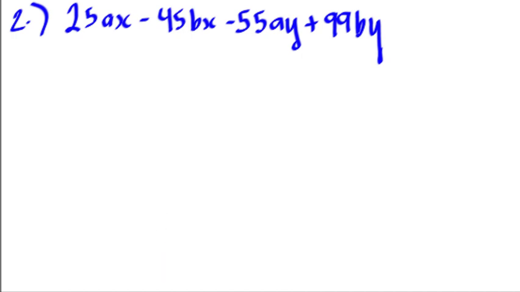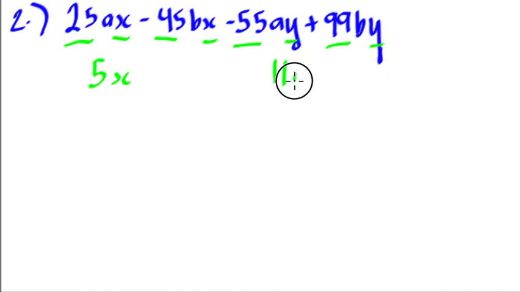It can be obvious in this part since 25 and 45 are both divisible by 5, and both of them have x's, so let's put 5x there. In this part, 55 and 99 are both divisible by 11, and both of them have y's. So we take that out by factoring by group, getting the common monomial factor first.